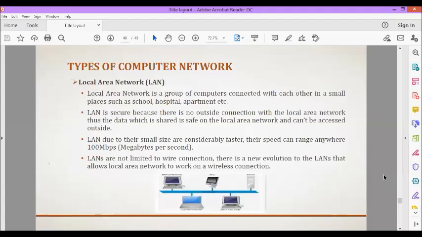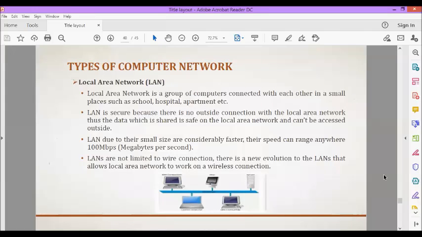So we will now proceed with the different types of computer network. So a computer network is a group of computers connected with each other through a transmission medium such as cable, wire, and others. So these slides will discuss the types of computer networks in detail.